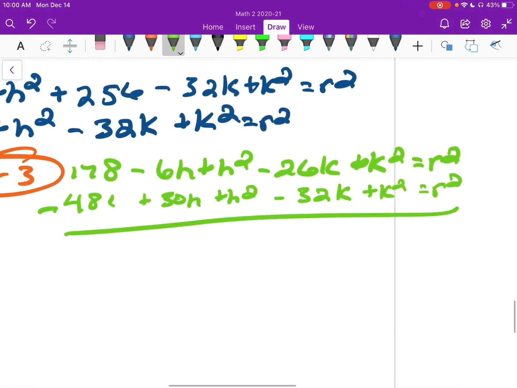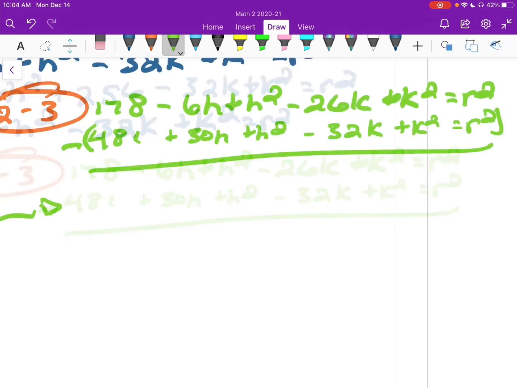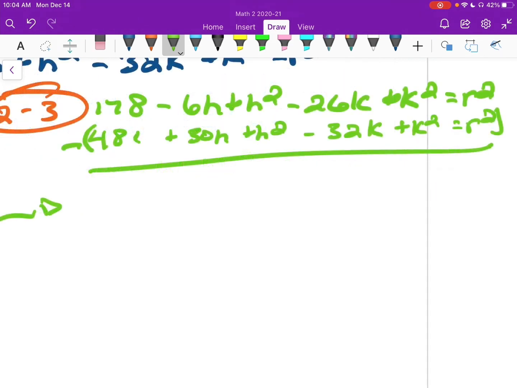Whenever I subtract them, I will get, okay, 178 minus 481 gives me negative 303. And then I'm going to have negative 36h. And then my h squareds cancel. And I'm going to have 32 minus 26 gives me 6k and equals 0.